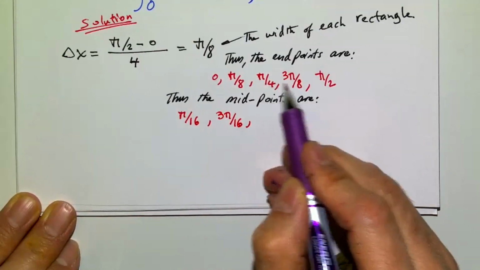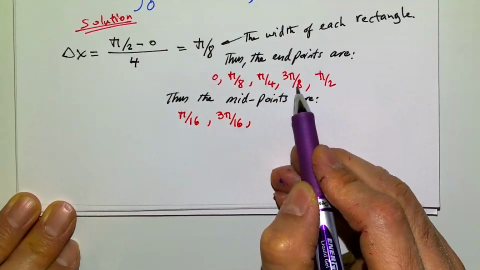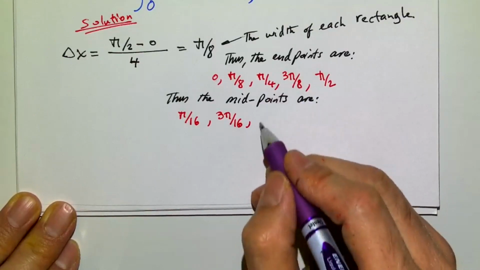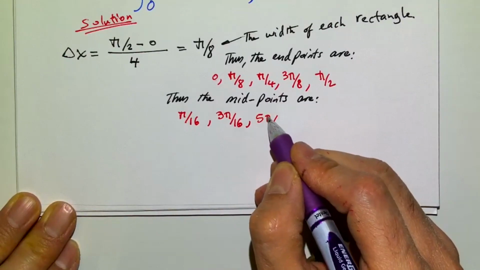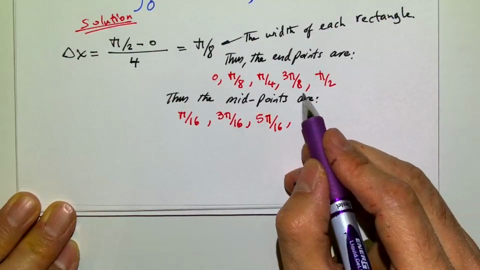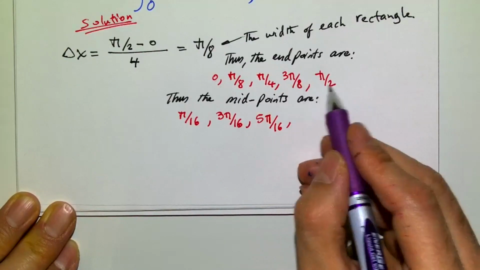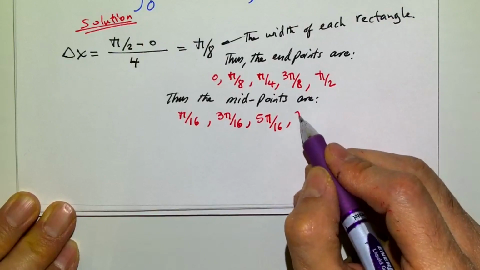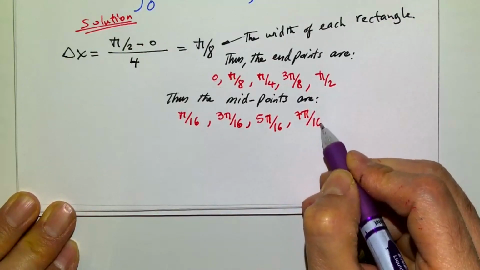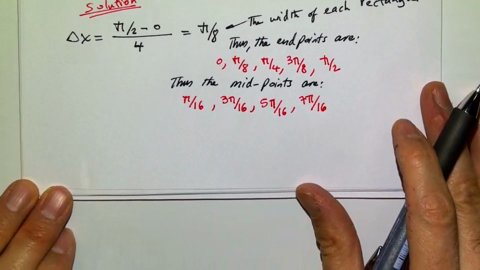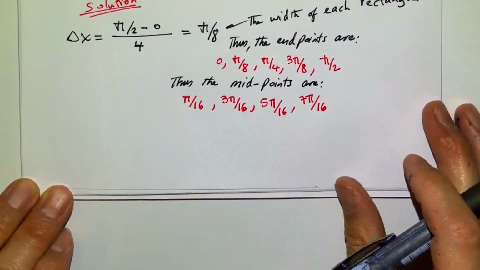Add these two, pi over 4 plus 3 pi over 8, divide that sum by 2. After simplifying, you're going to get 5 pi over 16. 3 pi over 8 plus pi over 2, add these two, divide by 2. You get 7 pi over 16. Okay, I just wrote that so we save space, but that's where these come from.